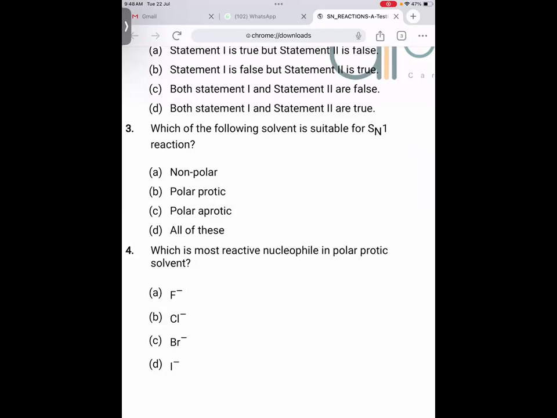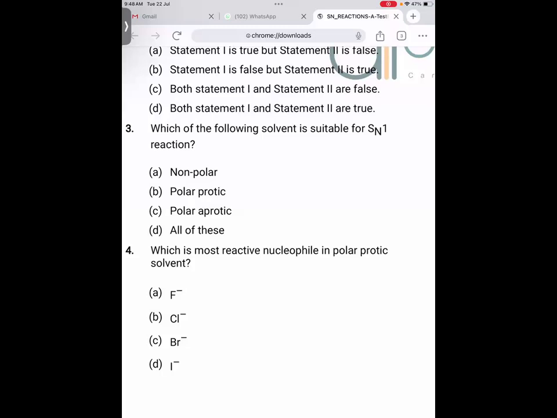In polar protic solvent, some of the nucleophiles will be highly solvated. Nucleophiles with smaller size are highly solvated. Fluoride has a smaller size, so fluoride will be highly solvated and can even make hydrogen bonding with water. Therefore its nucleophilicity decreases in polar protic solvent.